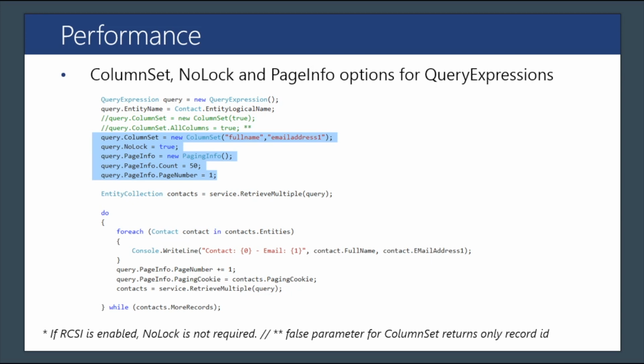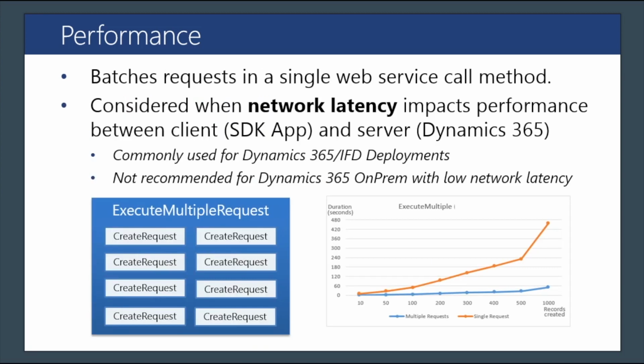So you want to make sure that you're managing that pagination correctly. Don't just look at the first page that's returned. That may or may not be everything that you need. You may have to go through more of the pages, and you want to do that as efficiently as possible.